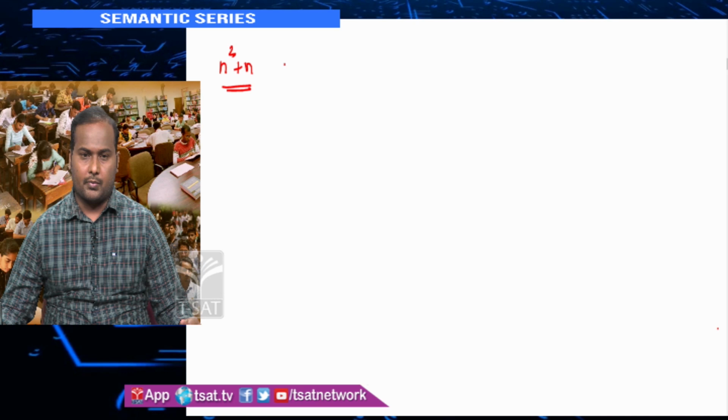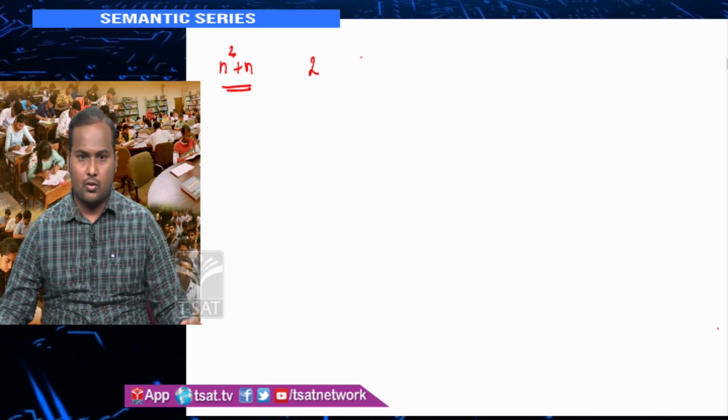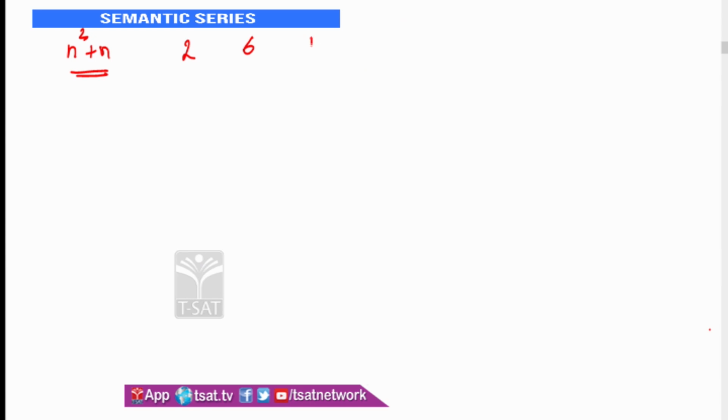See how this pattern appears, that is 1 square plus 1, 2 square plus 2, 3 square plus 3, 4 square plus 4, 5 square plus 5, and if it asks the next one, that is 6 square plus 6, your answer will be 42. But what is important, the important thing is you need to identify the pattern.